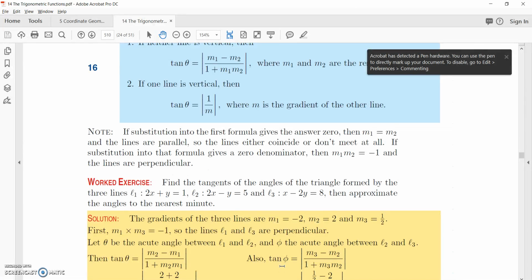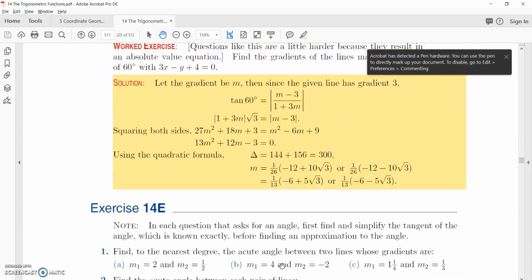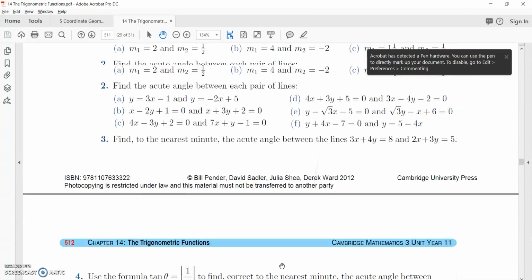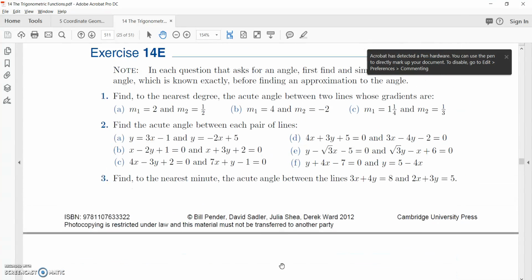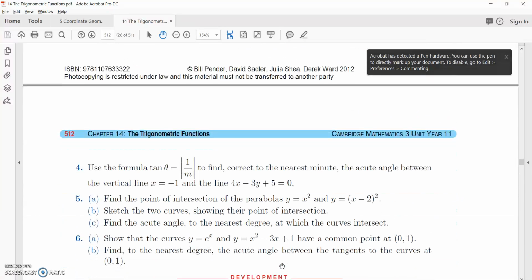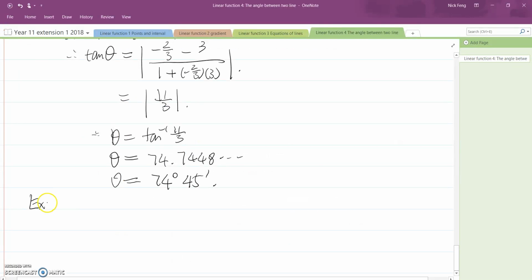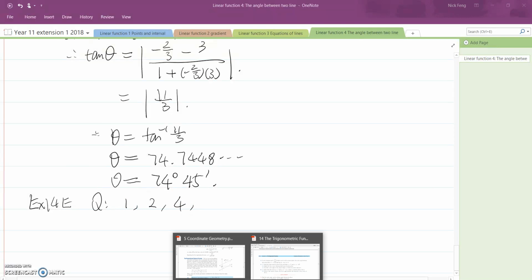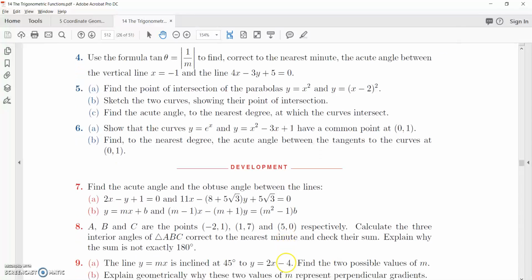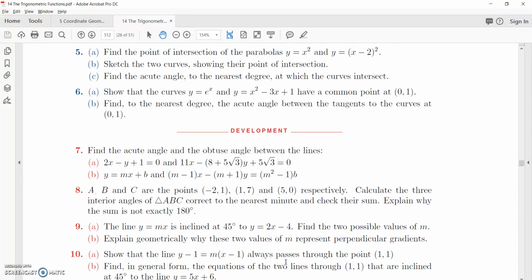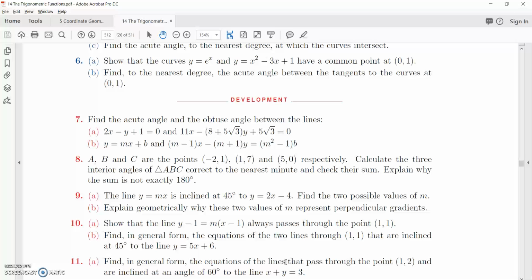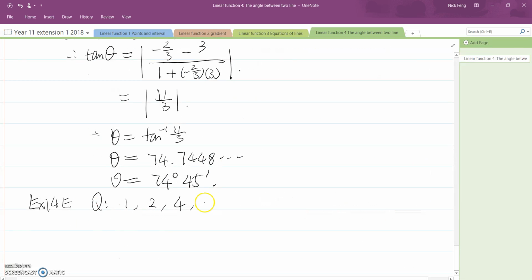Should be chapter 14, exercise 14E. Questions 1, 2, 4, 7 and 8. That's all.